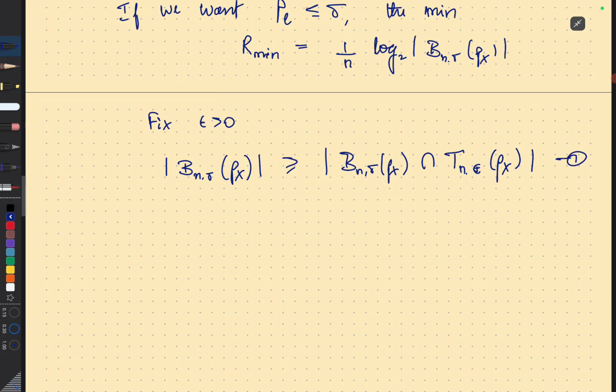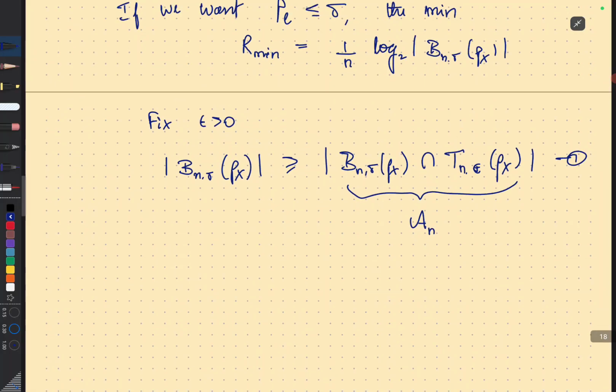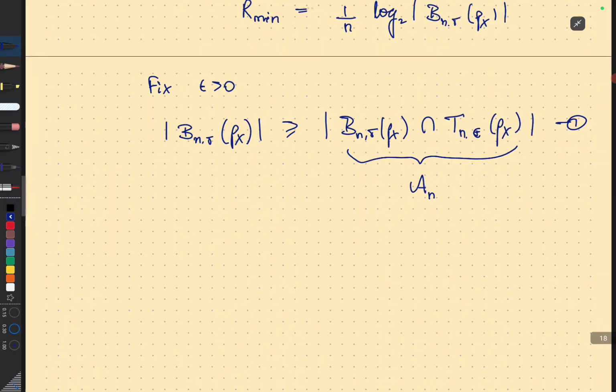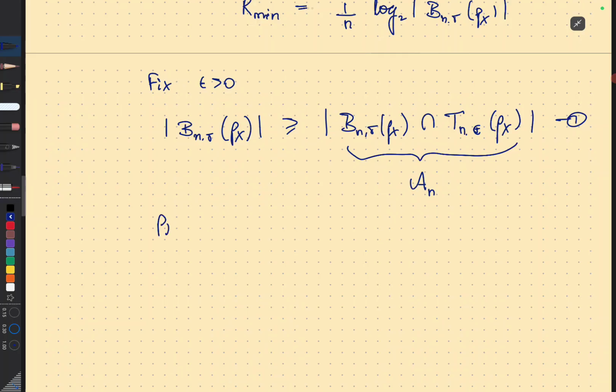Now what can I say about any sequence in this particular intersection? Let me call this set A_n. So first, I want to bound the size of A_n, but I'll also try to find out what is the probability that Xn is not in A_n.